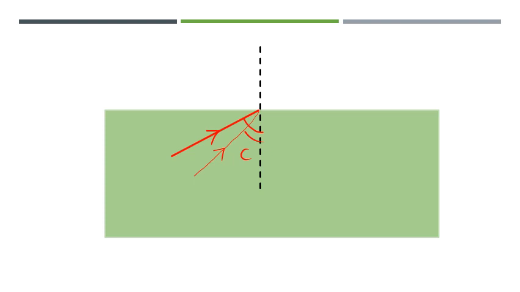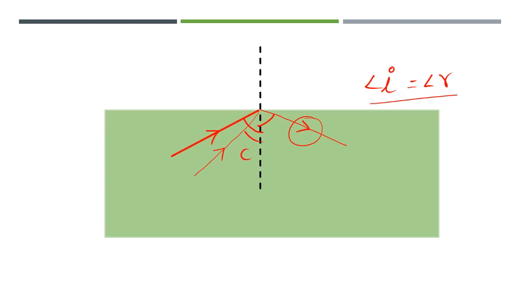The ray will reflect back in the same medium. It means it will reflect back in the denser medium. So here you will find angle of incidence I is equal to angle of reflection R for this reflected ray.